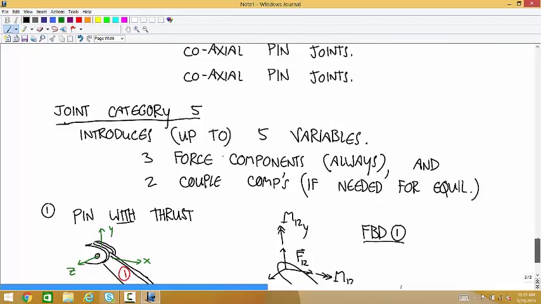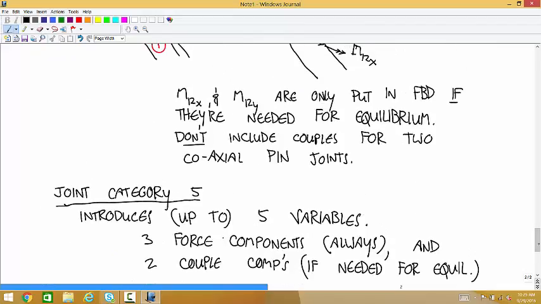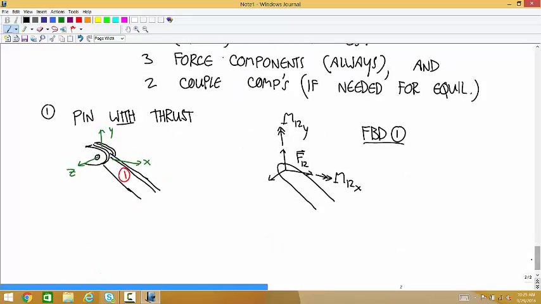And how did I word it up here? Don't include the couples for two coaxial pin joints again. It follows the exact same rules for those couples.